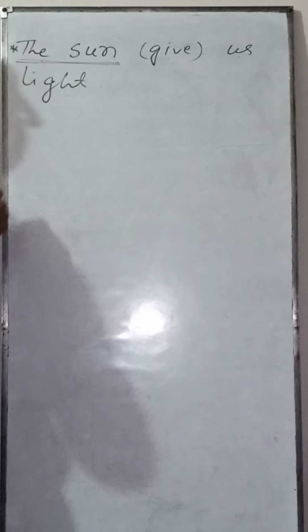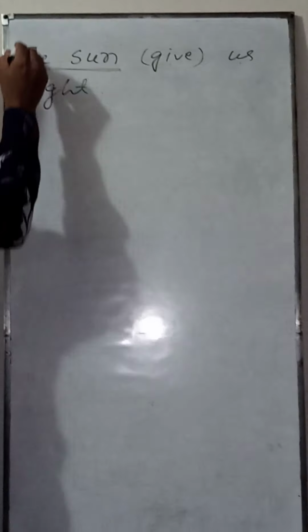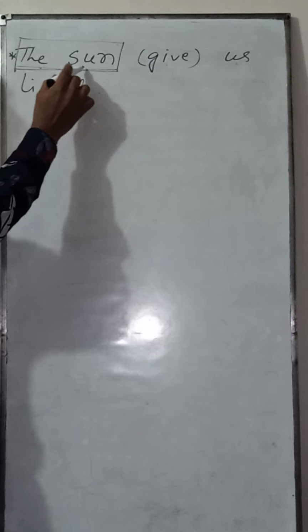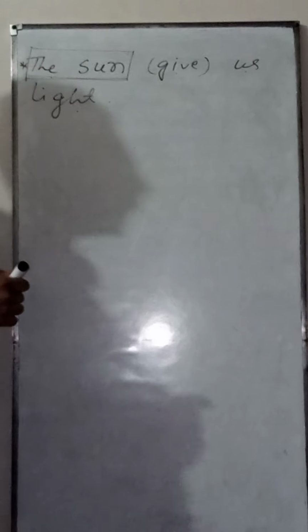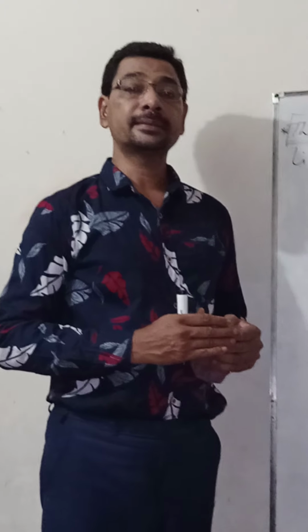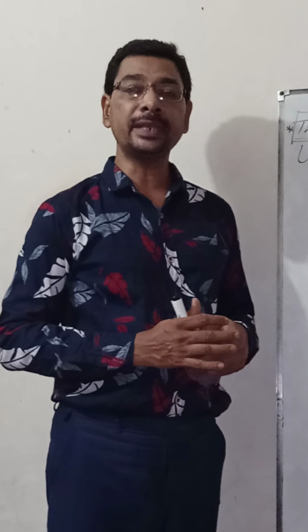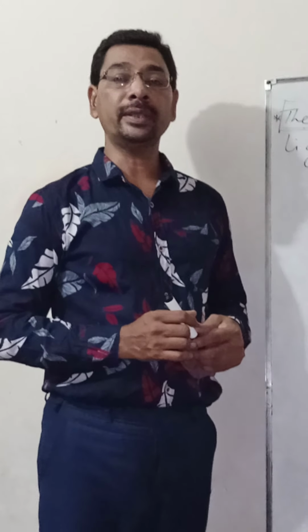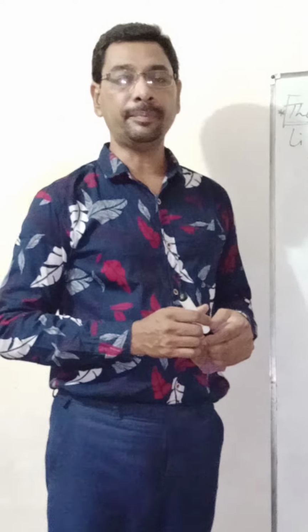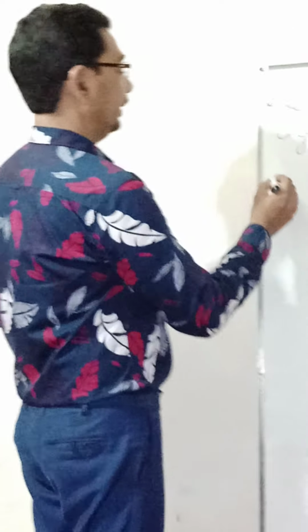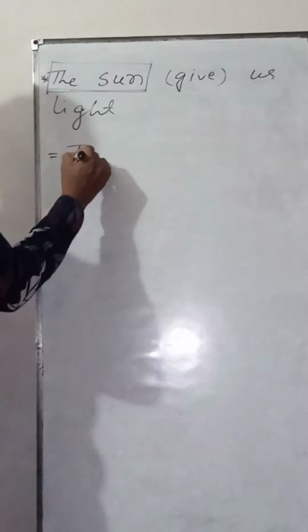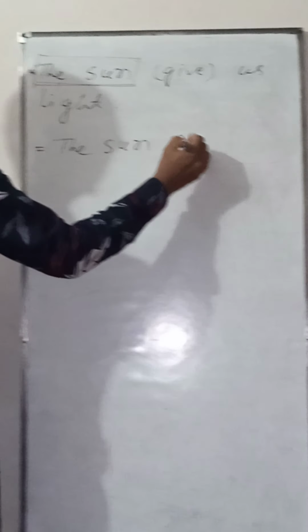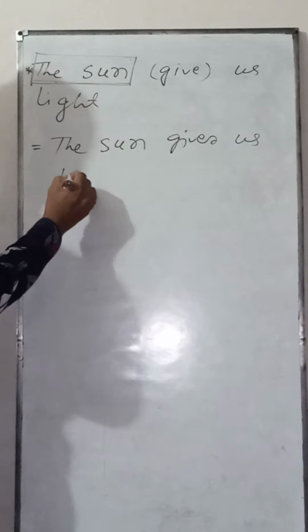This is present indefinite tense. The sun is third person and singular number. In case of present indefinite tense, if you find present tense with third person singular number, then you have to add s or es after the main verb. And this is an important rule. The structure will be: the sun gives us light.